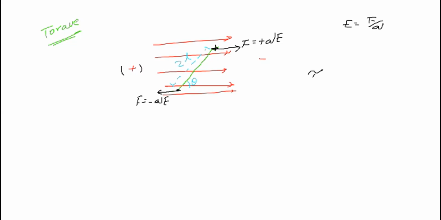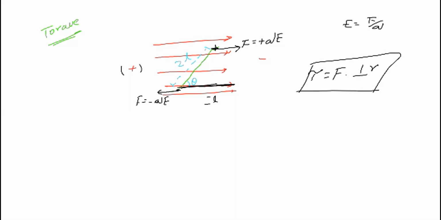The torque formula is torque is equal to force into perpendicular distance. The dipole was making angle theta with respect to the electric field. So the hypotenuse is 2l, and along the axis it is 2l cos theta.